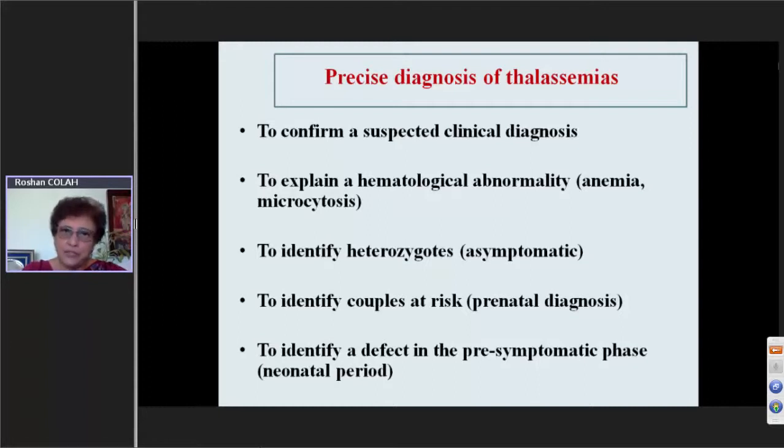You have to identify heterozygotes, who are generally asymptomatic, for prevention programs, and couples at risk, again, for offering them prenatal diagnosis. And lastly, to identify a defect in the pre-symptomatic phase, that is in the neonatal period. This is mostly done for sickle cell disease. It's important for sickle cell disease, but it can also be done for the thalassemias.